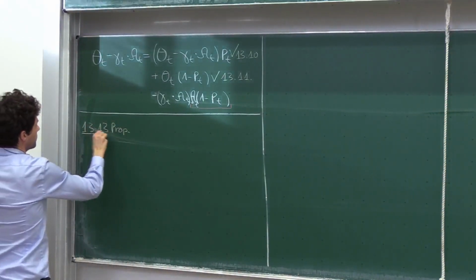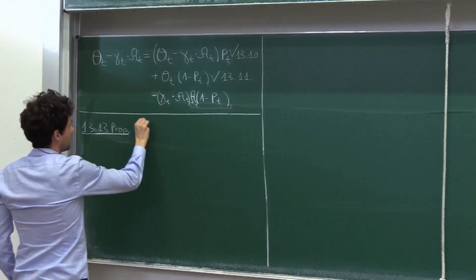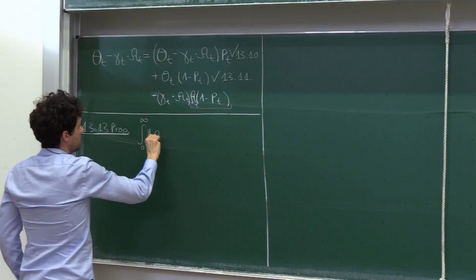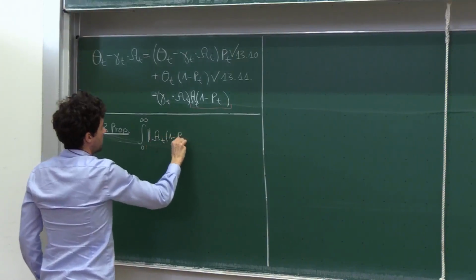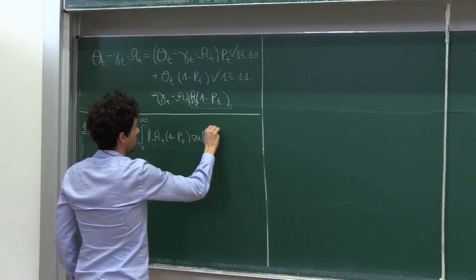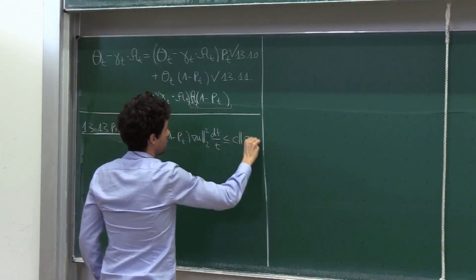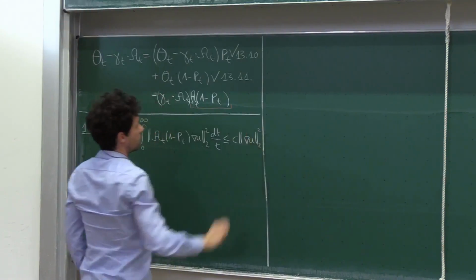The proposition says you have the square function estimate with A_t(1 - P_t) grad of u squared dt over t is controlled by constant times grad of u squared.